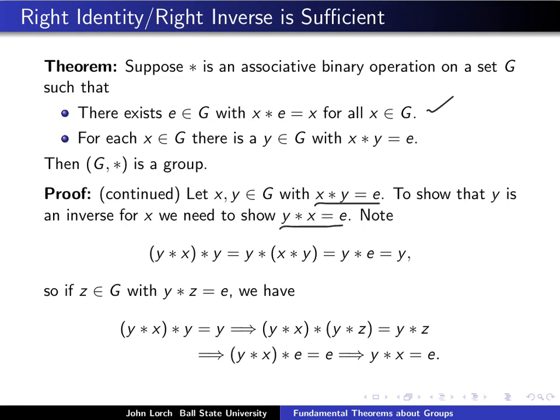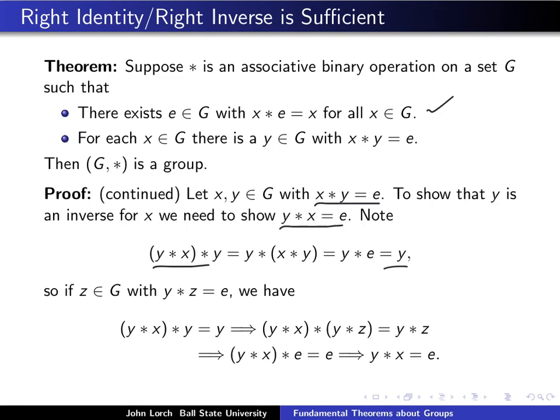So the method of procedure is a lot like what it was on the previous slide. Notice that if we take y times x times y and we use the associative property to move the parentheses, we get that y times x times y is just equal to y. Now, y must have a right inverse in G by the second bullet point, so we'll call that thing z.